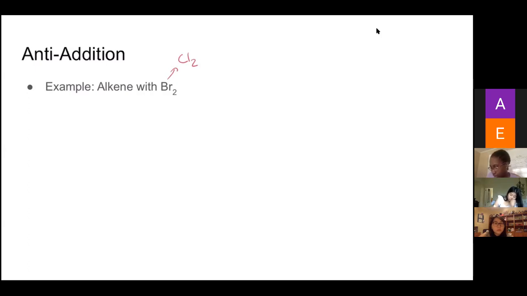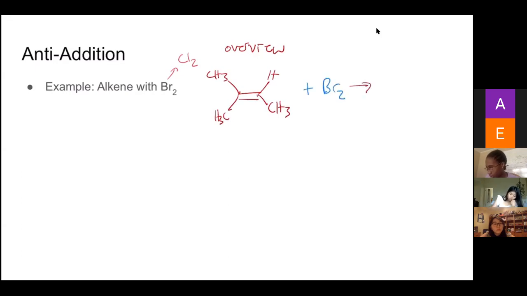So I'll go ahead and draw the overview of the reaction so you know what to expect when I draw the mechanism. I'll draw an alkene. And then this reacts with our Br2 to make this product.